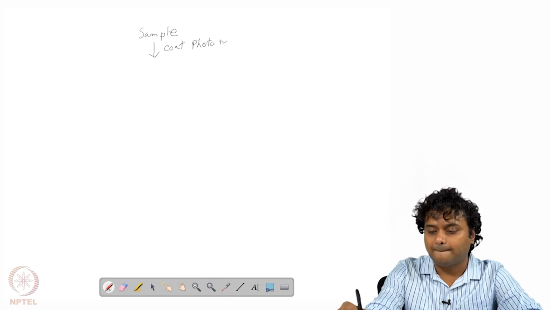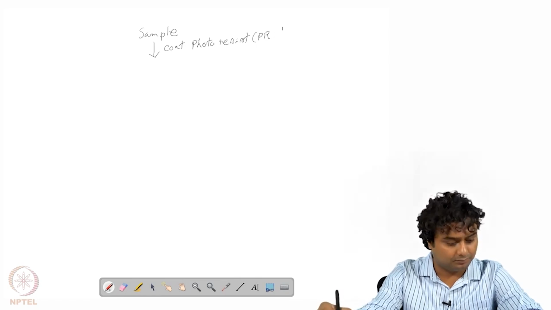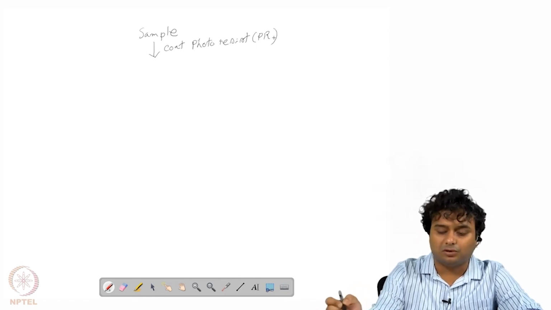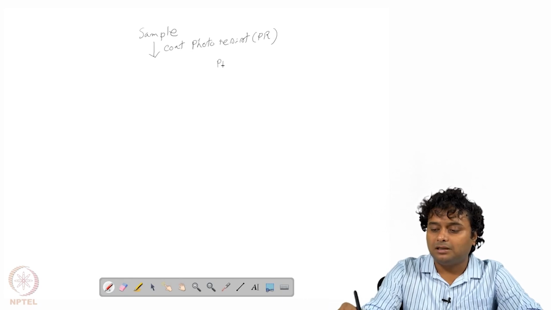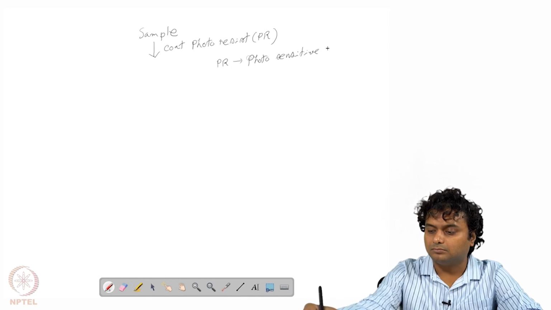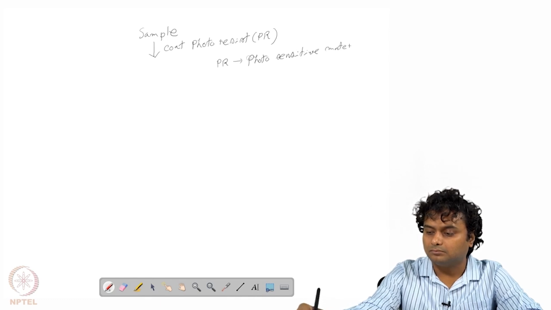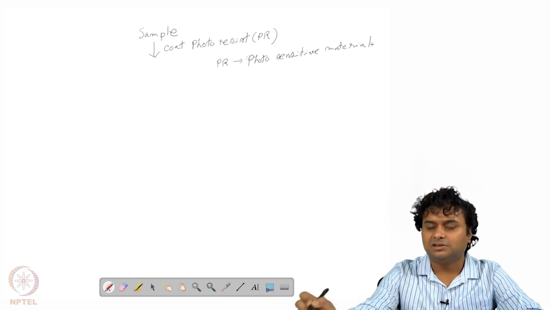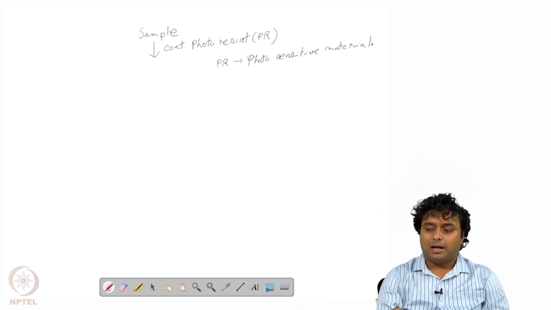or in short PR. So what is photoresist or PR? These are photosensitive materials, mostly polymers.